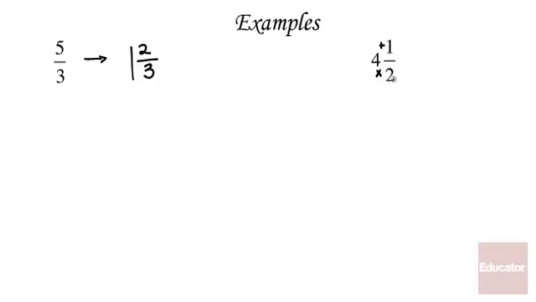So it's 2 times 4, which is 8, plus 1, that is 9, over my denominator, which stays the same as a 2. So 4 and 1/2 is the same thing as 9 over 2.